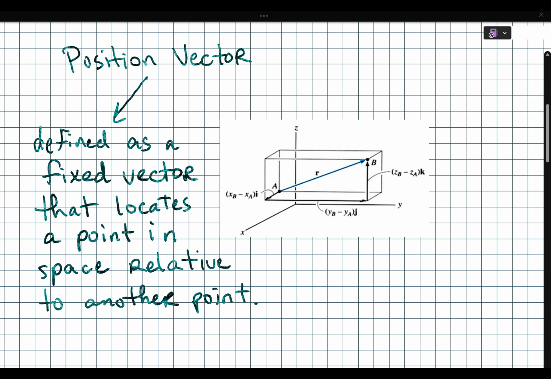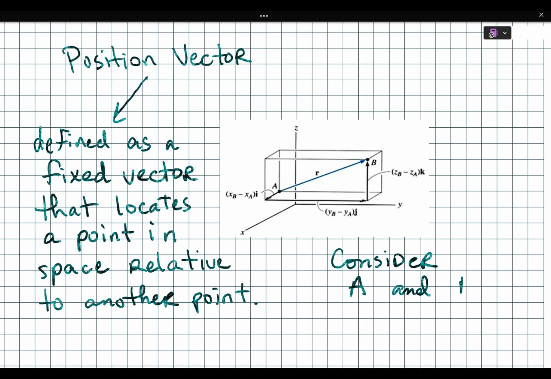So let's consider 2 points, right? Points A and B. And consider these points in 3D space.